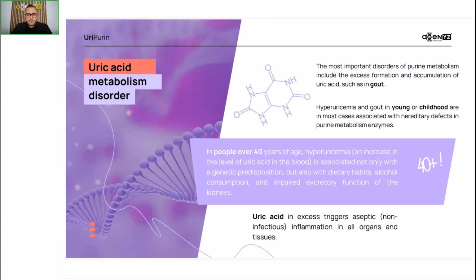In people over 40 years old, hyperuricemia, which is an increase in the level of uric acid in the blood, is associated not only with a genetic predisposition, but also with dietary habits, alcohol consumption, and impaired excretory function of the kidneys. Excess uric acid triggers aseptic, which means basically non-infectious, inflammation in all organs and tissues.